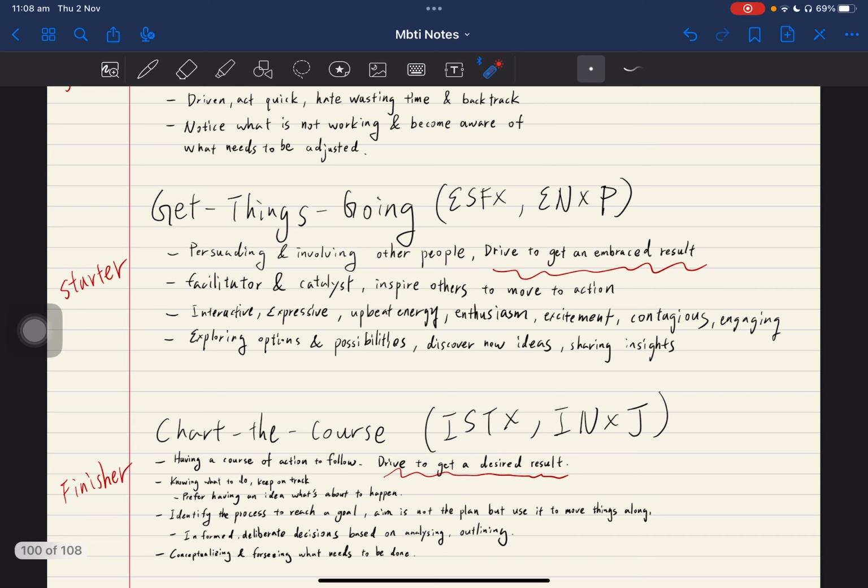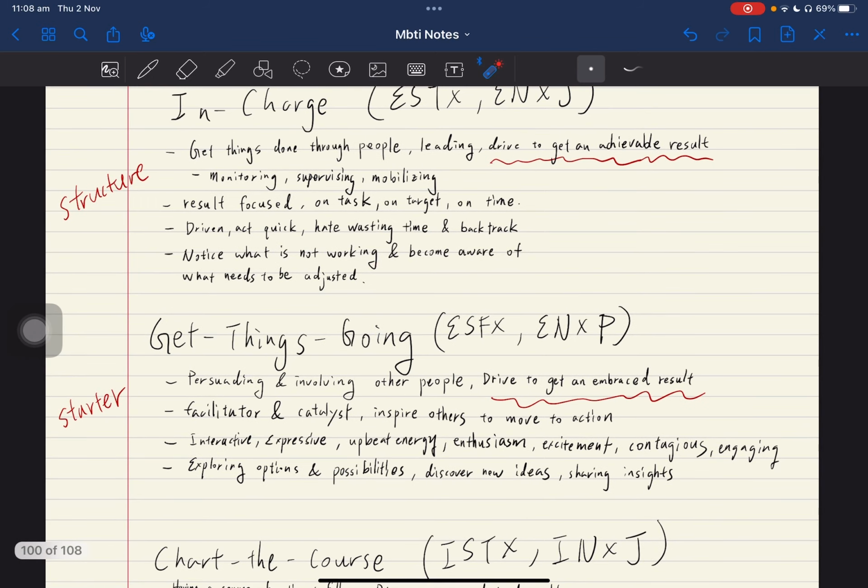And these ones are get things going. So the starter types. They like to persuade and involve other people, driven to get a result that can get everybody involved. They are the facilitator and catalyst. They inspire others to move into action. So this one is a bit more bossy, like telling you, and this one is motivating you, inspiring you.